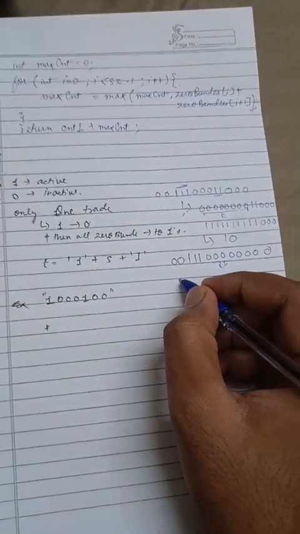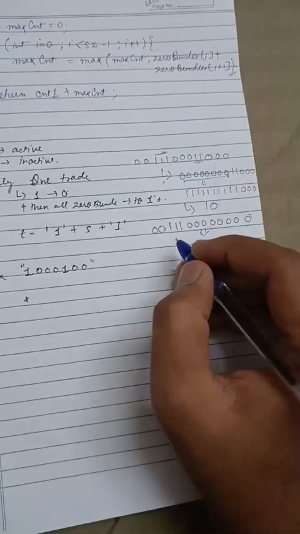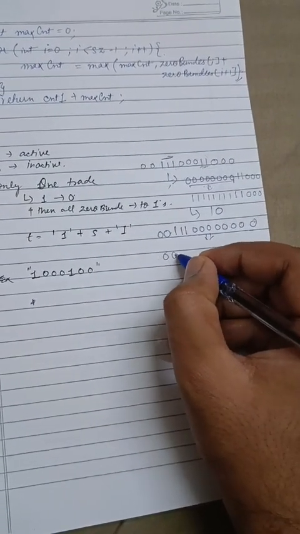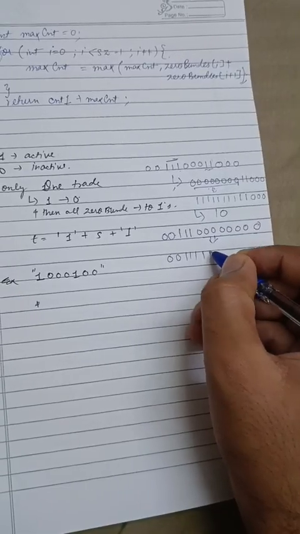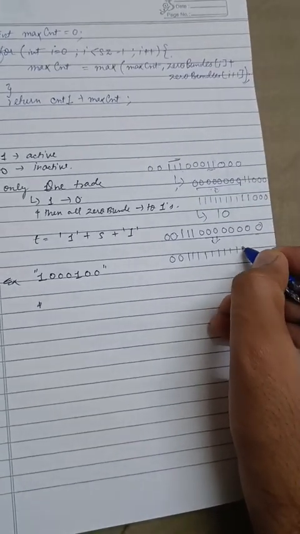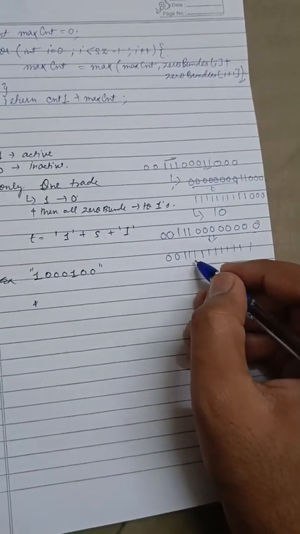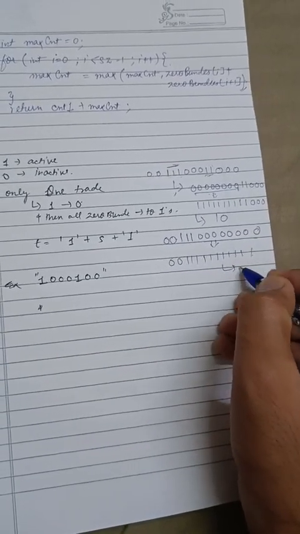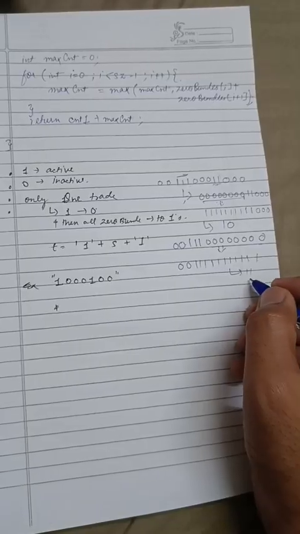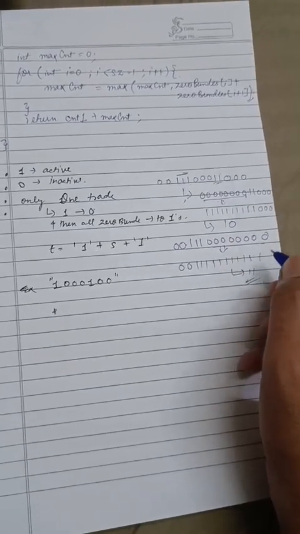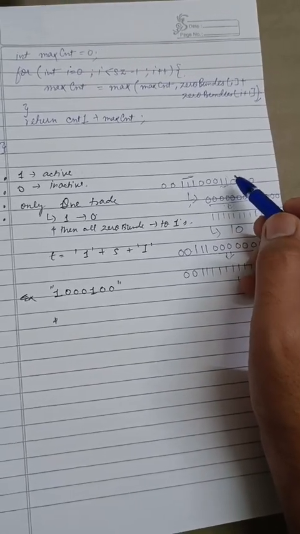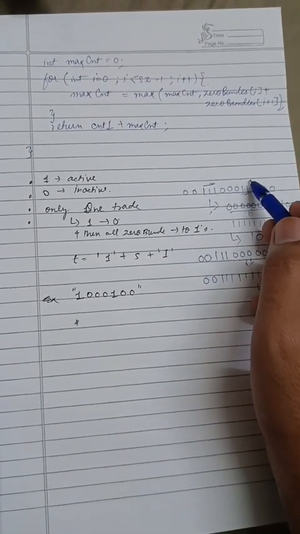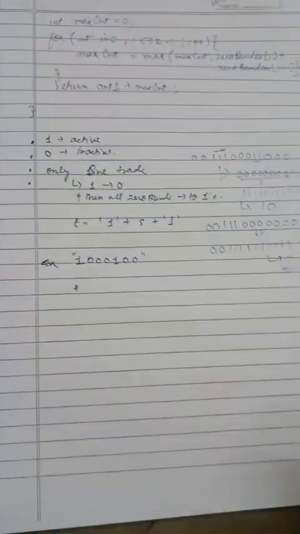Then what I will get is, sorry, 0 0 1 1 1 1 1 1 1 1 1 1 1. So 1 2 3 4 5 6 7 8 9 10 11. So this is 11. The maximum active section in this case will be 11, so the answer would be 11, by converting these two ones into 0.